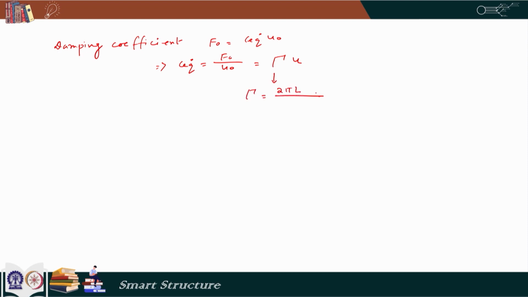The damping coefficient becomes F 0 is equal to C equivalent into u 0, that is the force, and the damping coefficient is F 0 divided by u 0, and finally the expression is capital gamma into mu, where capital gamma is 2 pi L divided by natural log of r 0 by r I. So, that was for the inactive case when I have 0 applied field.